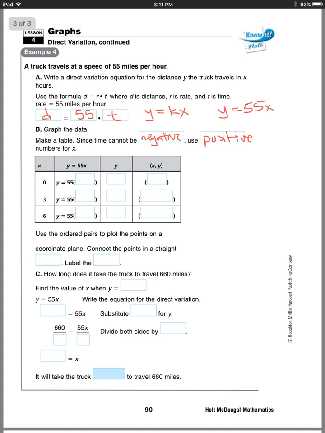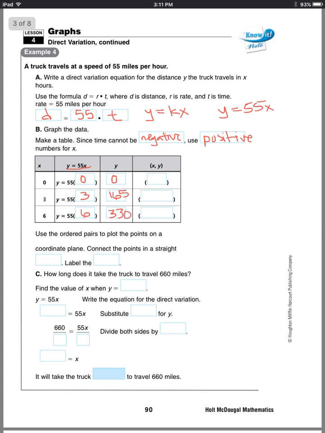So that's what we're going to fill in for our equation. We're going to say y equals 55 times 0, y equals 55 times 3, and y equals 55 times 6. Because we're evaluating, we're substituting, and then we're going to work this out. 55 times 0 is 0. 55 times 3 is 165. And 55 times 6 is 330.